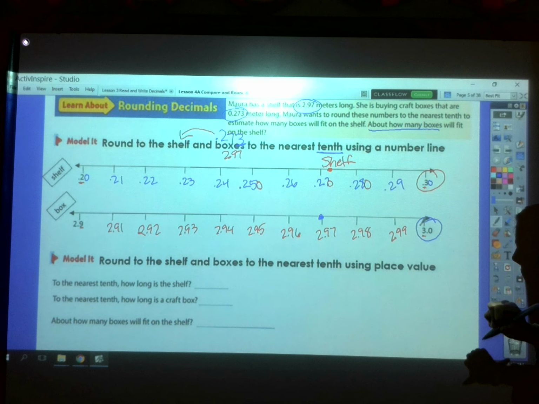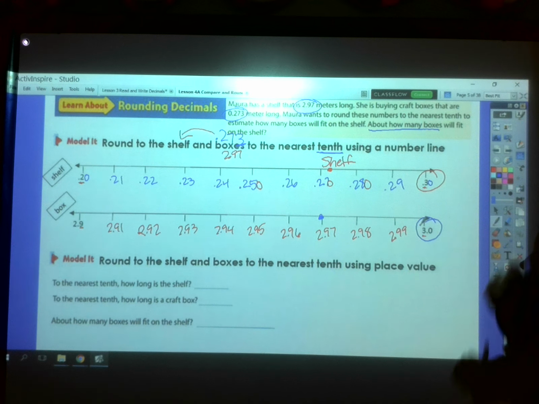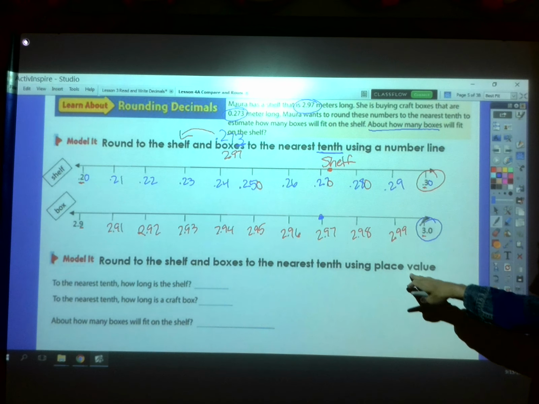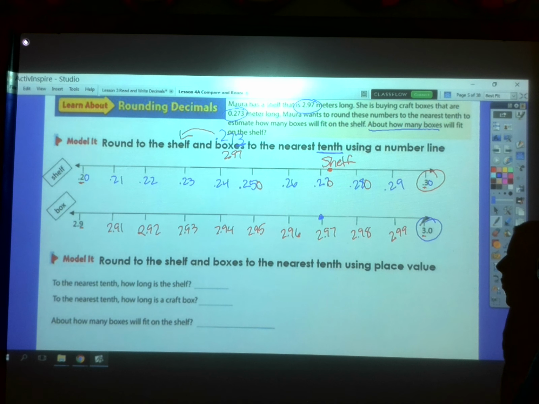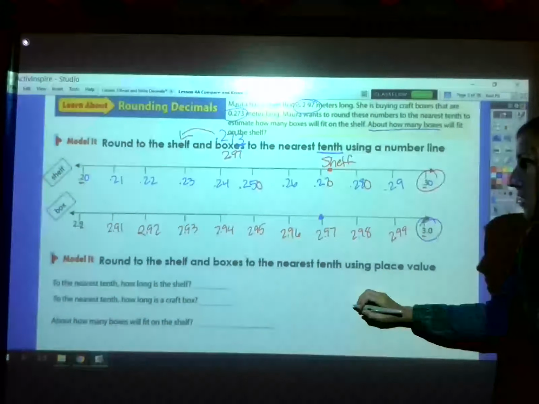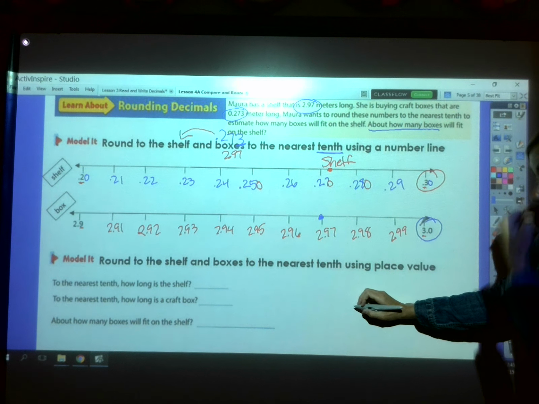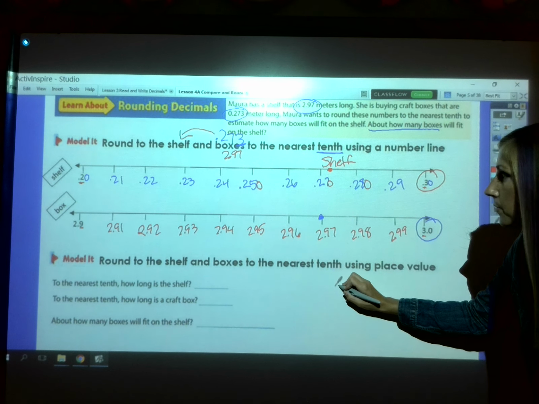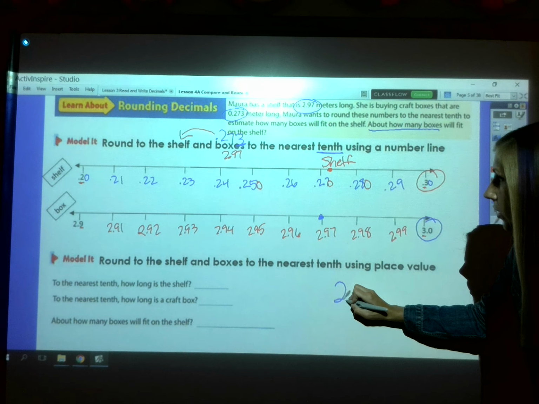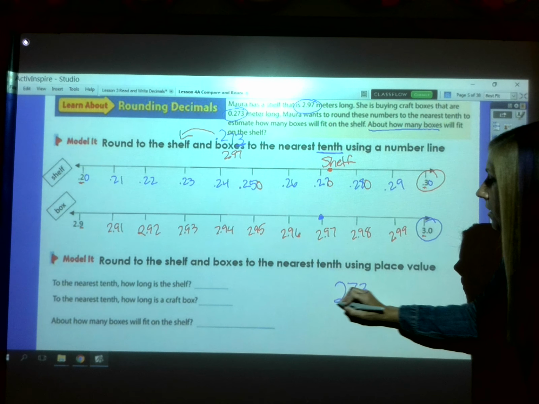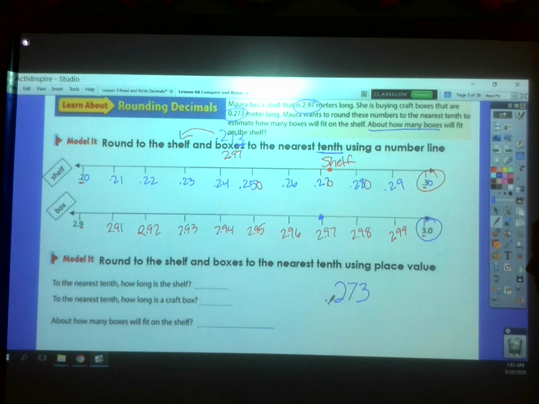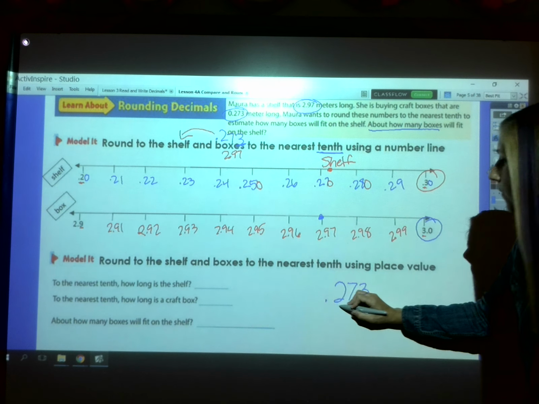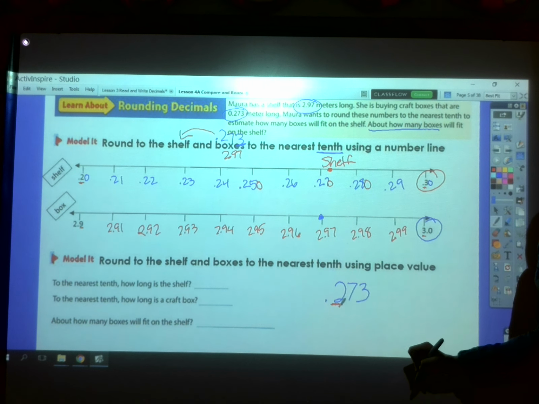Okay. So now we can look at rounding the shelves to the nearest tenth using place value, right? So place value, we can just line up the numbers like we did before. So if I have my shelf being 273 thousandths, I can see that if I'm rounding to the tenth, I always like to underline the place I'm rounding to.